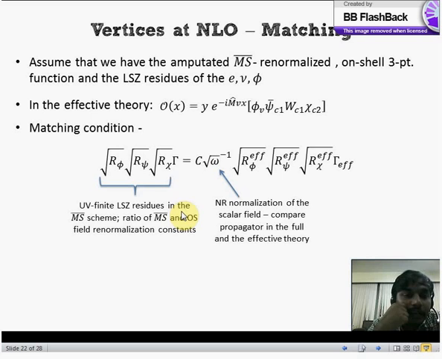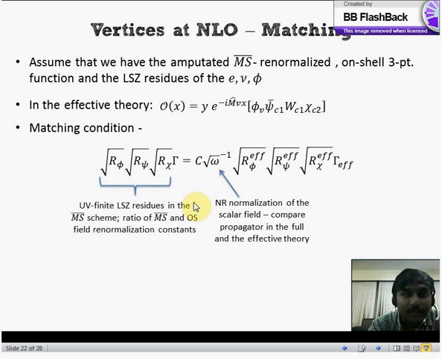So suppose we have the amputated MS-bar renormalized 3-point function for the e, the nu, and the phi in the full theory, and you can just match the residues multiplied by the vertex over here onto the residues of the effective operators and the vertex in the effective theory over here. If you had a non-relativistic normalization for the scalar field, that crops up over here, and the C is the coefficient that we are looking for.